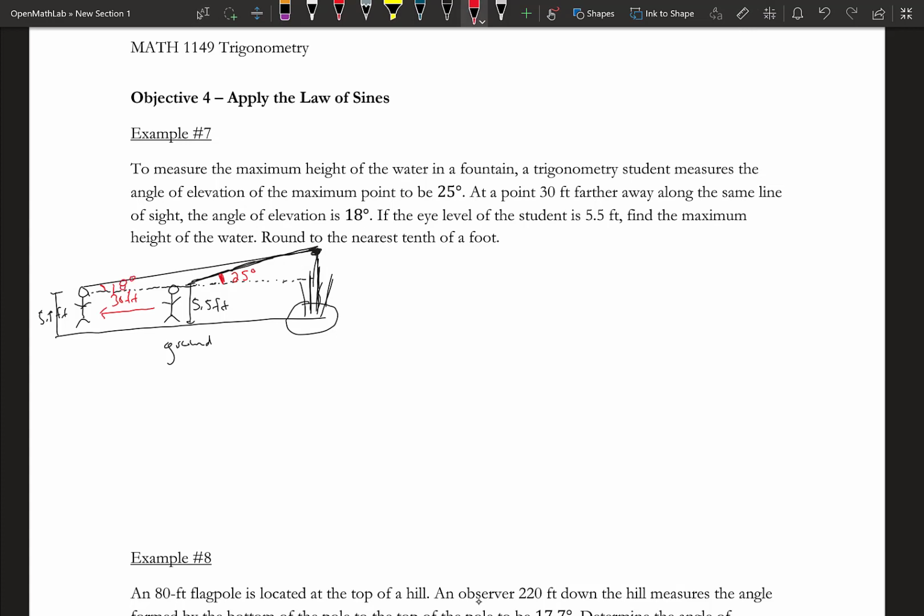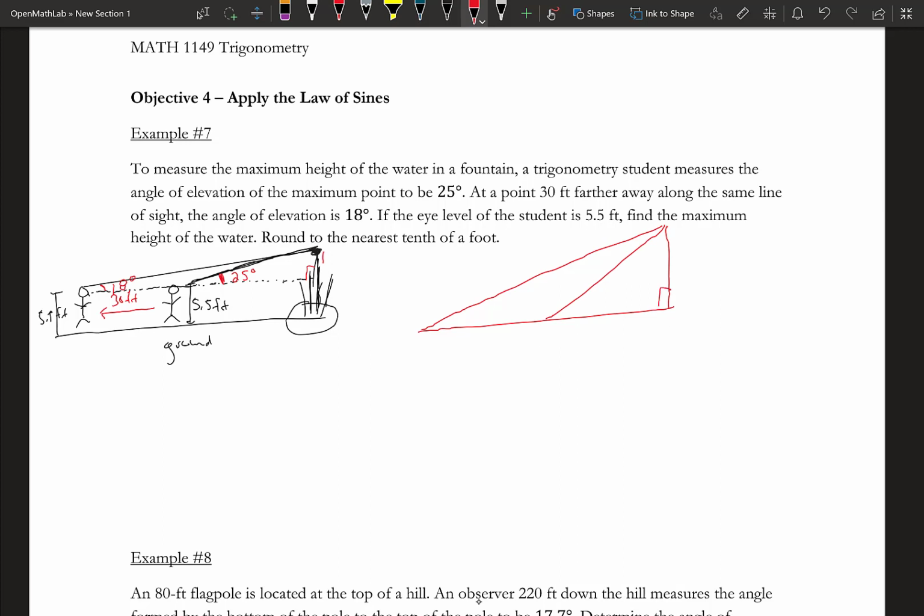Once I have that, I can pull this apart into this picture. If I draw this into the triangles that we have, we'll have something like this, where this is a right angle.